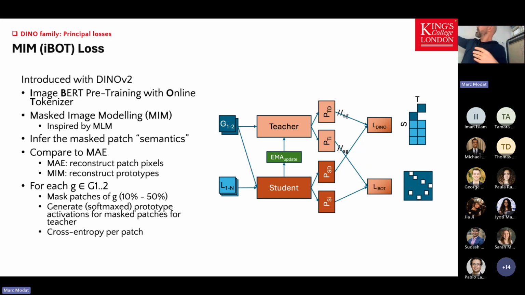We mask out some of the patches on the student, and we compare, on a token by token basis, the token's prototype signature with the one that the student generates for the masked patch. So instead of comparing the pixels that get reconstructed, it's reconstructing essentially this prototype signature.